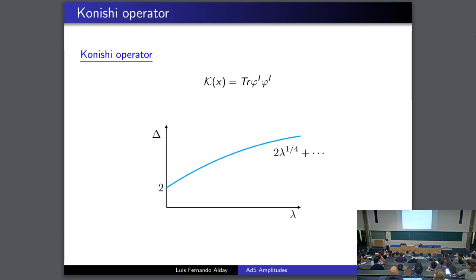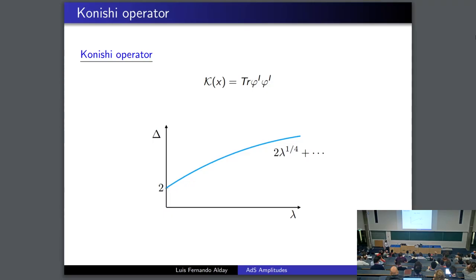The Konishi operator has dimension 2 at weak coupling, and as lambda increases, it has a dimension that grows with lambda to the 1/4. This arises from the famous work by Gubser, Klebanov, and Polyakov. So this goes to 2 lambda to the 1/4 at strong coupling. And these plots are from the beautiful results of integrability that we have seen over the last 20 years.